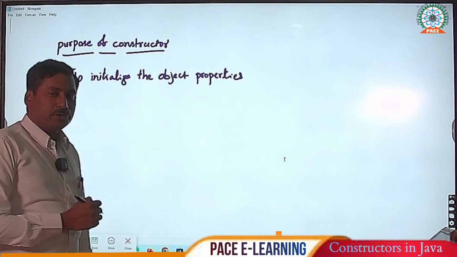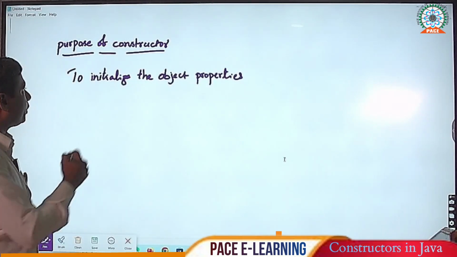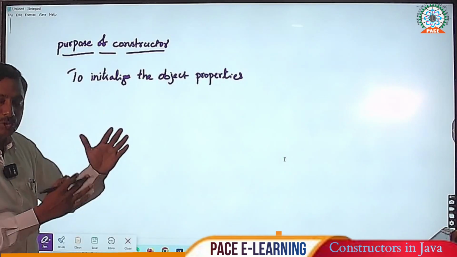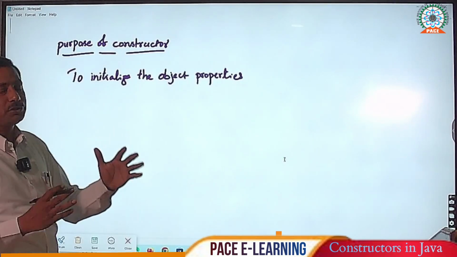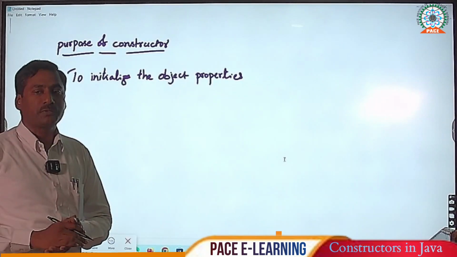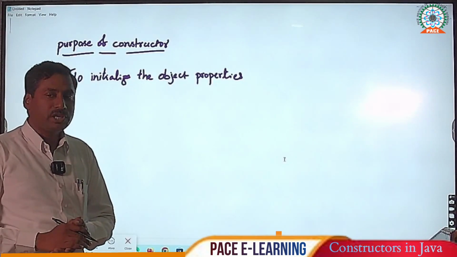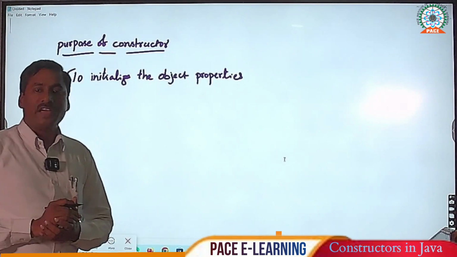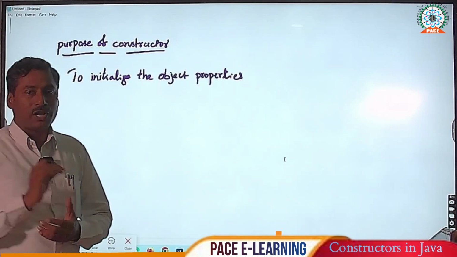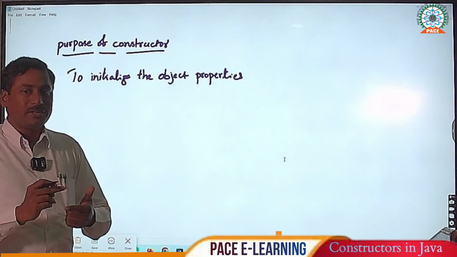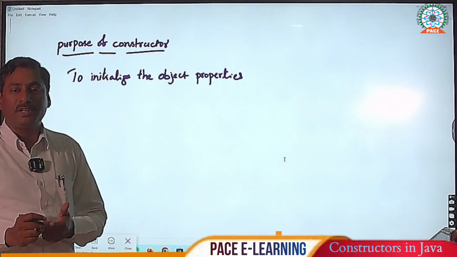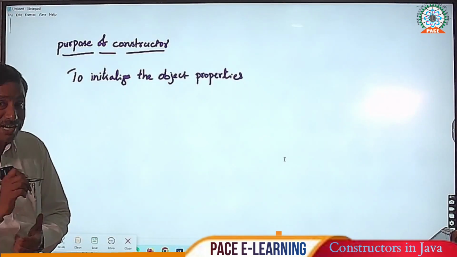Now let me tell you more about these constructors. There are different types of constructors. Before talking about the different types, let me give you one more important point: without your knowledge, every program automatically has a constructor. Who is writing that constructor?